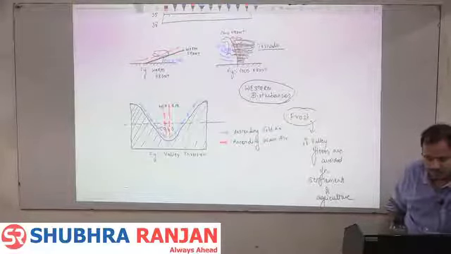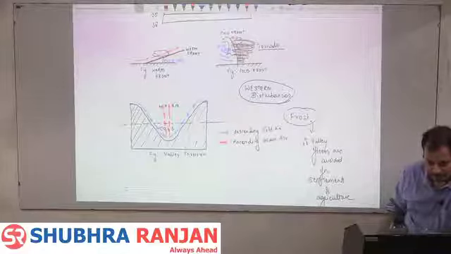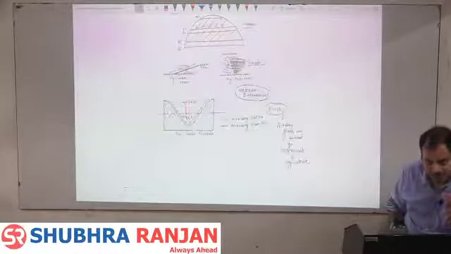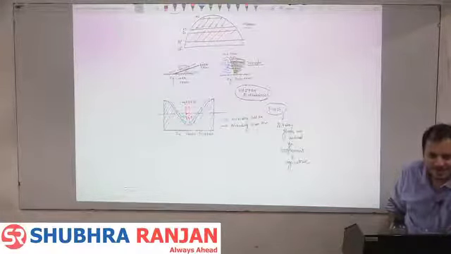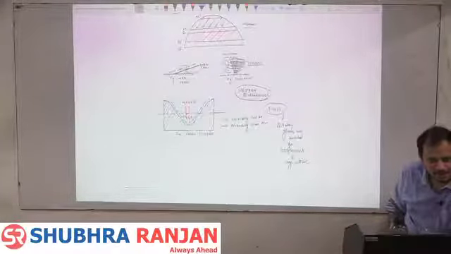Fine? Clear? In forced uplift the air should cool at dry adiabatic lapse rate, and in subsidence the air should warm at dry adiabatic lapse rate. Then only it will be less than the environmental lapse rate. Fine?